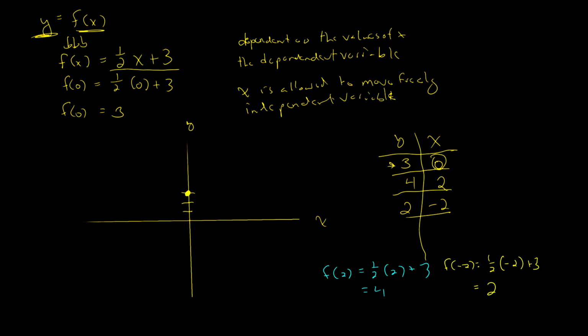Now if x is 2, I'm up 4 on the y-axis, so I'm here. And if x is -2, I am at 2. I'm here. And if I look at these together, no, that's not quite the line I wanted.